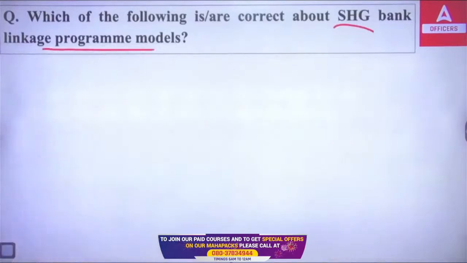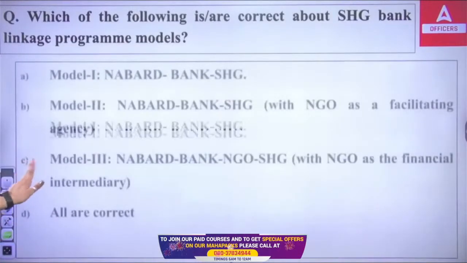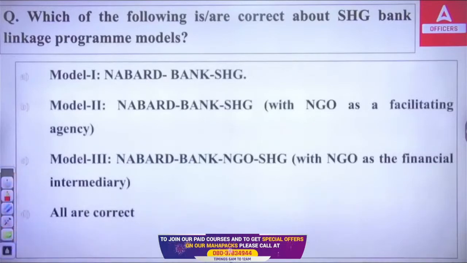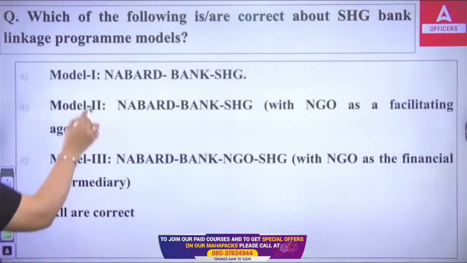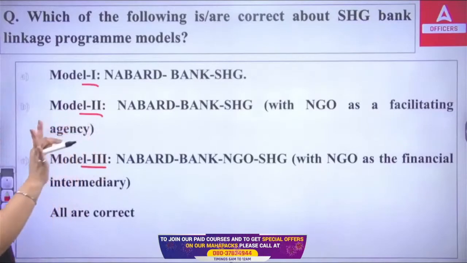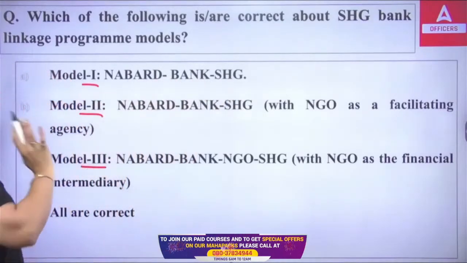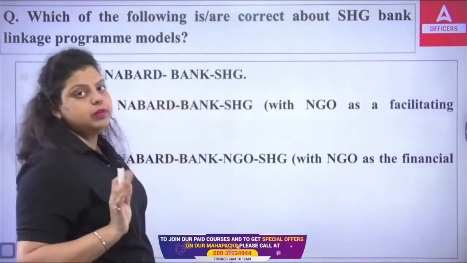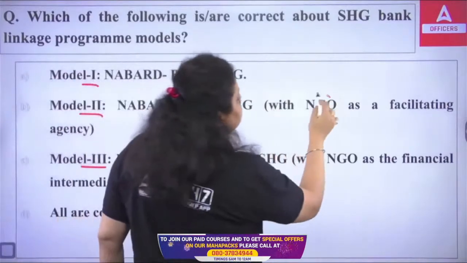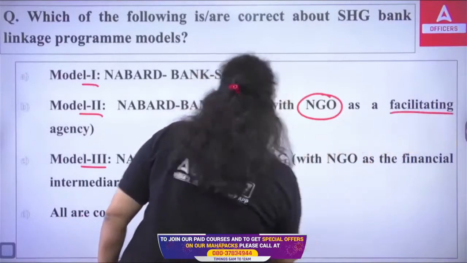Next we have: which of the following are correct about self-help group bank linkage program models? So we have these 3 models. There are actually 3 models only. Model 1 is NABARD, bank and self-help group involved. Model 2 is also NABARD, bank and self-help group, but apart from that, an NGO will be involved as a facilitating agency.